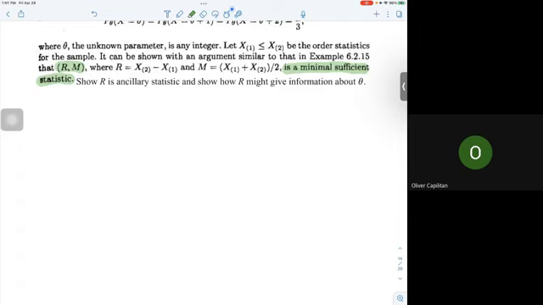And then we're going to show how R might give information about theta. That is why in this example, the ancillary statistic is not independent of the minimal sufficient statistic. So, paano natin malalaman na ang R is an ancillary statistic?